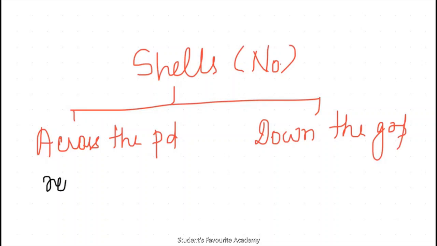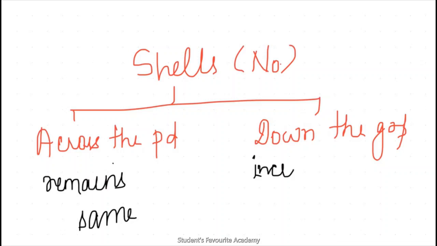So write down, it remains same. And what happens to the number of shells down the group? It increases down the group. So this is the important property, and the number of shells in each group will give me the period number of that particular element. So this is an important property.